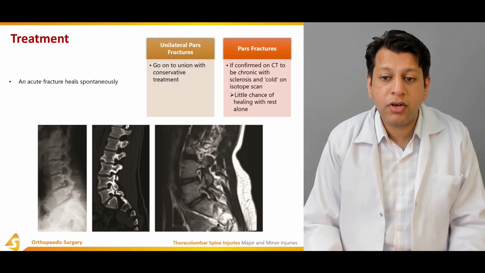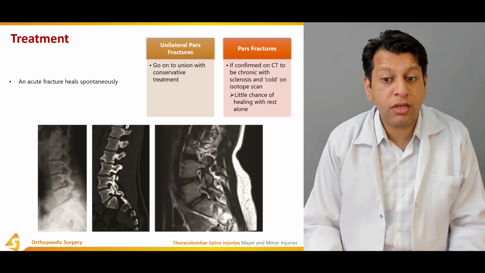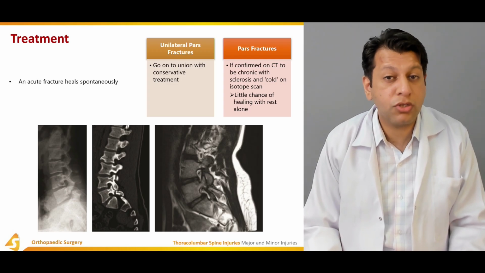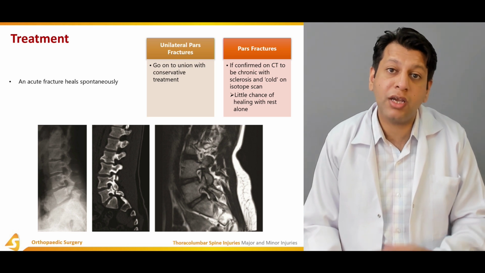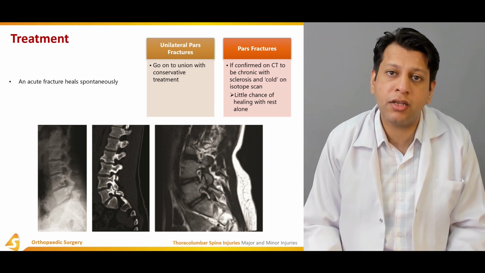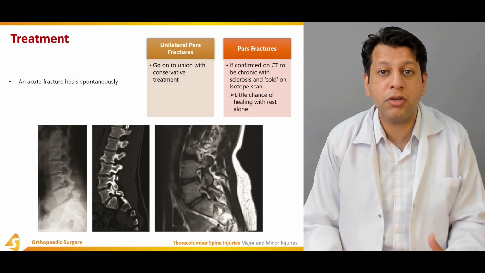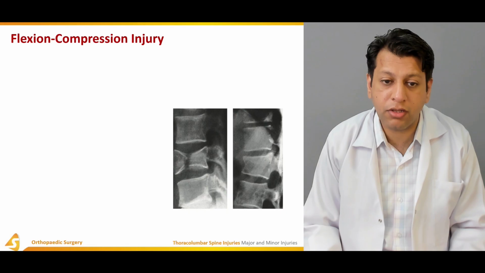But if a pars fracture is confirmed on CT to be chronic with sclerosis and cold on isotope scans, that will not heal on its own. This is important. This is a kind of non-union of the pars interarticularis. For that, you need a fixation as well, just to make sure that the canal remains stable later on.